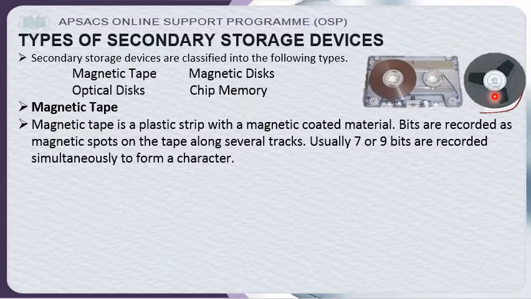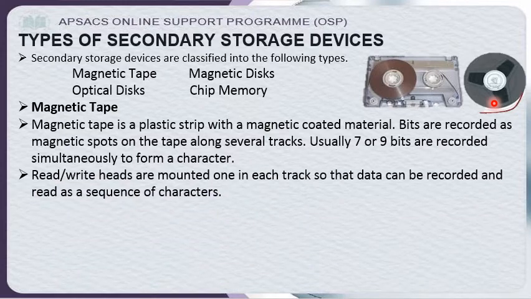Whenever data is recorded on it, 7 to 9 bits are used to record a single character. A read and write head is mounted when you want to read the data from a magnetic tape. The head is going to read or write data on your magnetic tape.